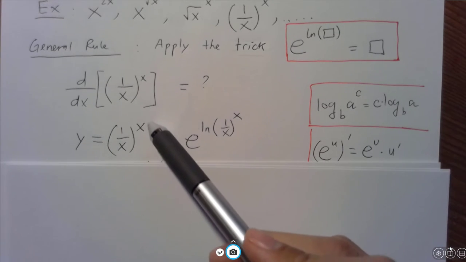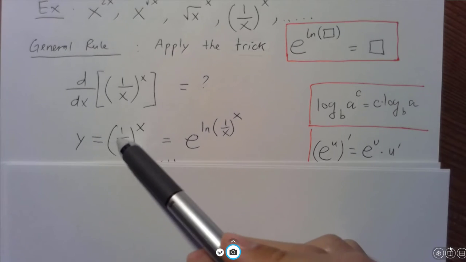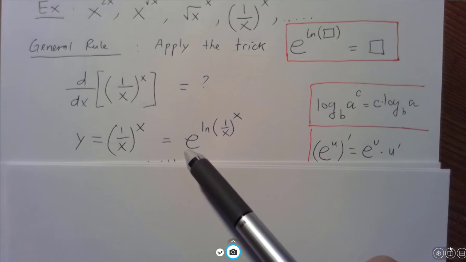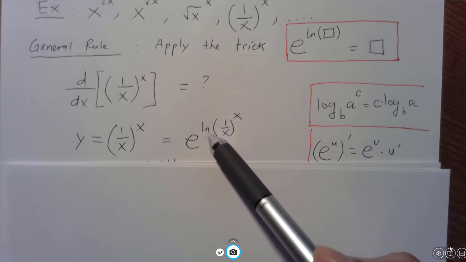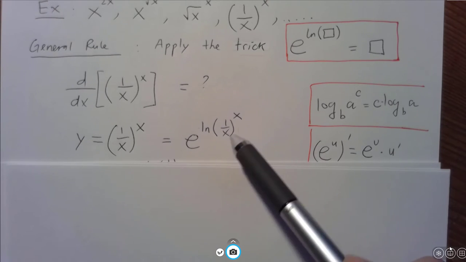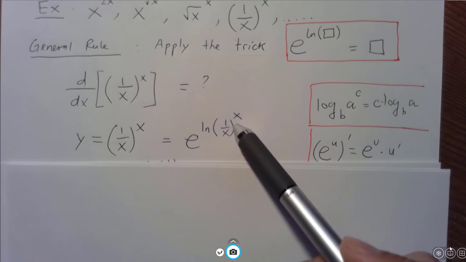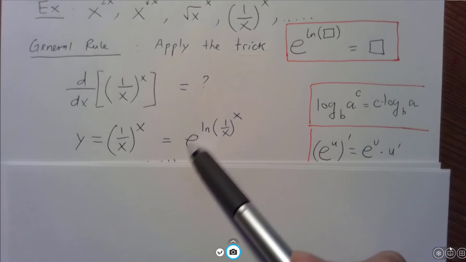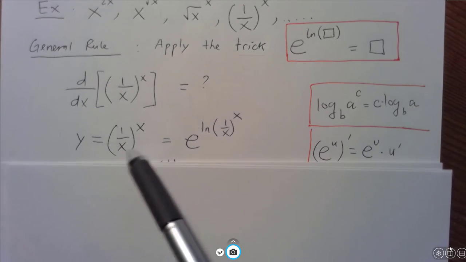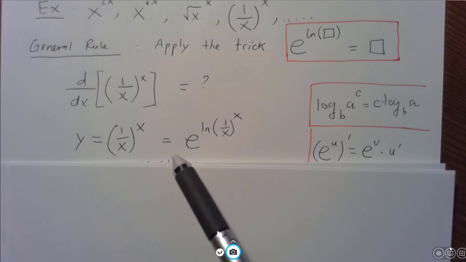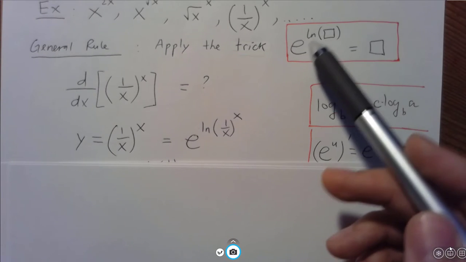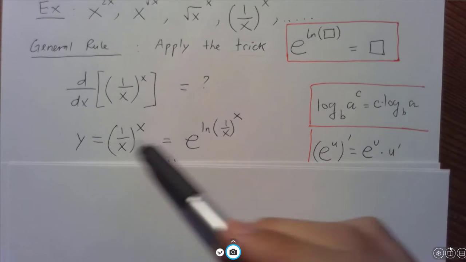Therefore this whole thing here is just the box in this formula. So I take e to the ln of the whole thing, and I get back 1 over x to the x power, because e to the ln cancels out. That means I don't change the function at all. We just rewrite it in another way using this formula, but they are basically the same thing.